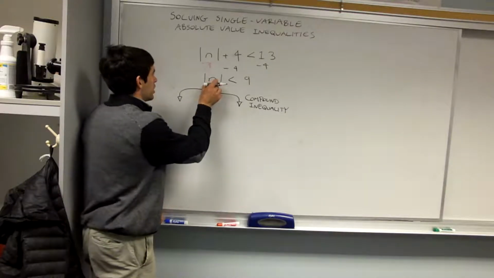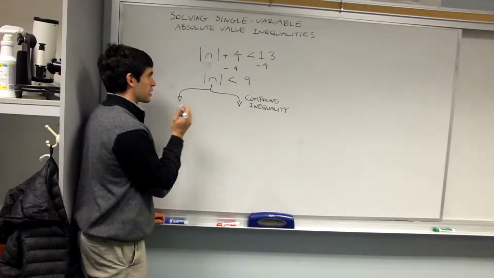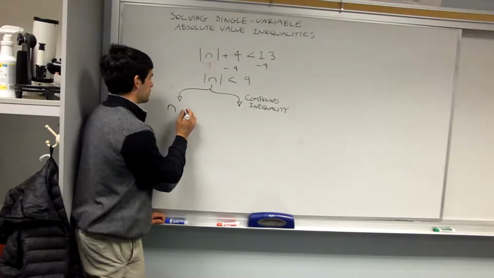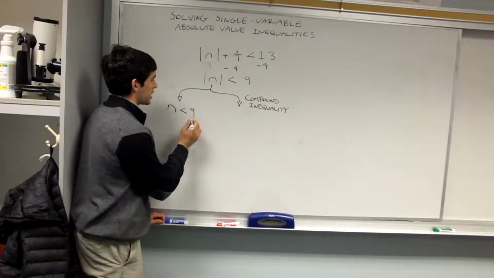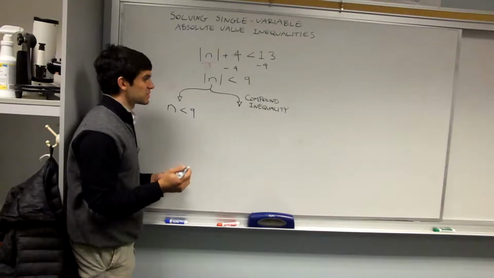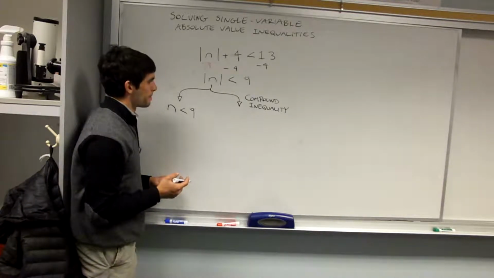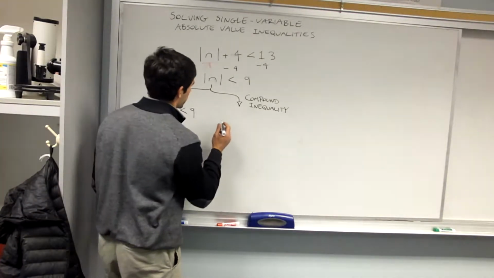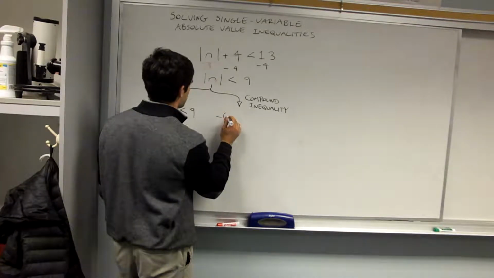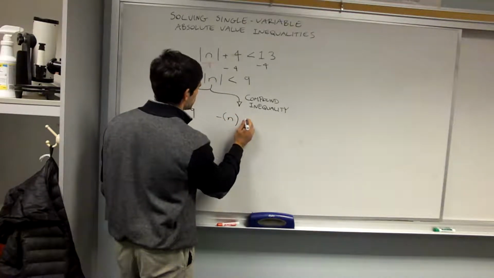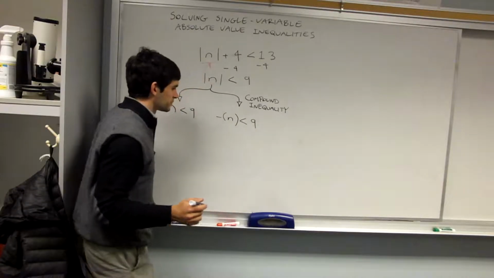So the positive case, just like equations, will just be n is less than 9. The negative case, just like absolute value equations, will be negative n is less than 9.